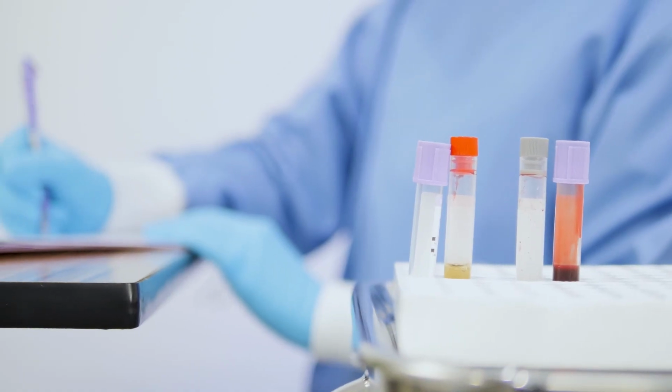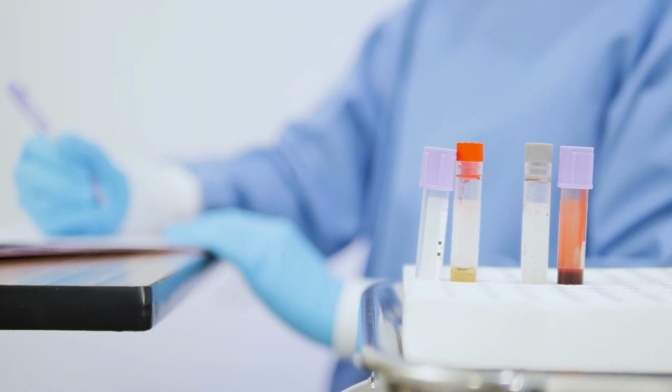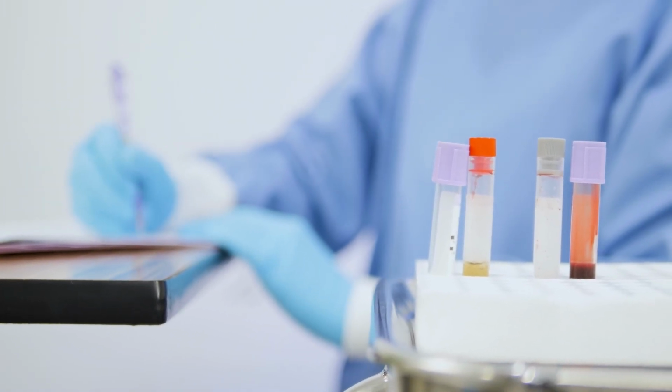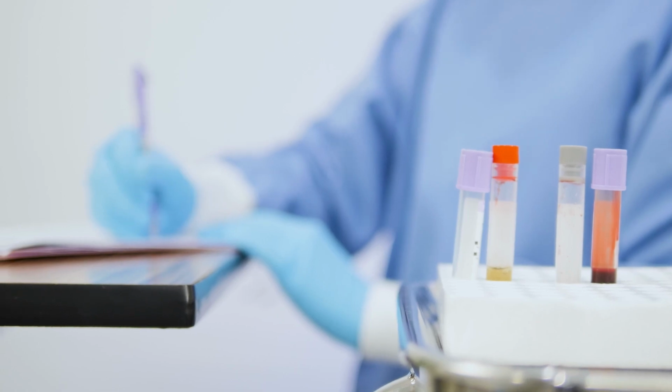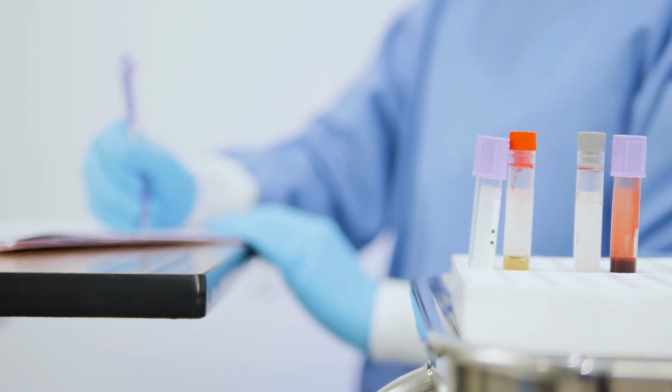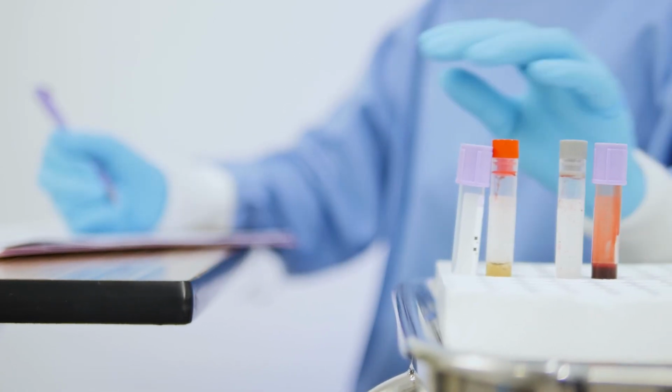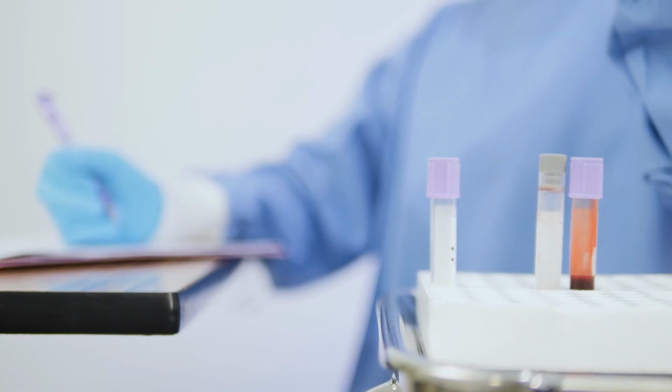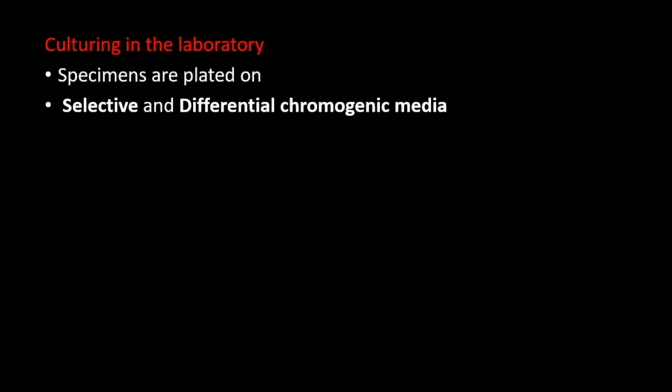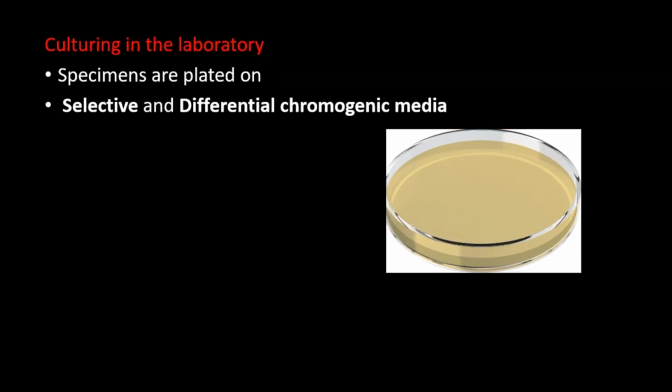To culture in the clinical laboratory, first, you have to ensure that the patient's identification on the swab matches the identification on the form, after which you have to register it in the laboratory information management system, called LIMS. Specimens are plated onto selective and differential chromogenic media.